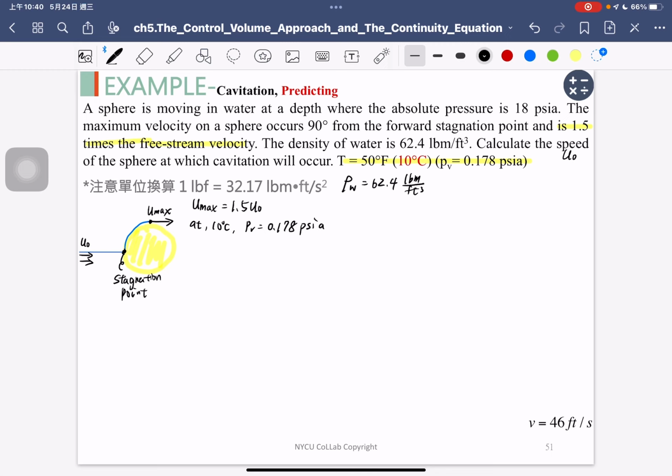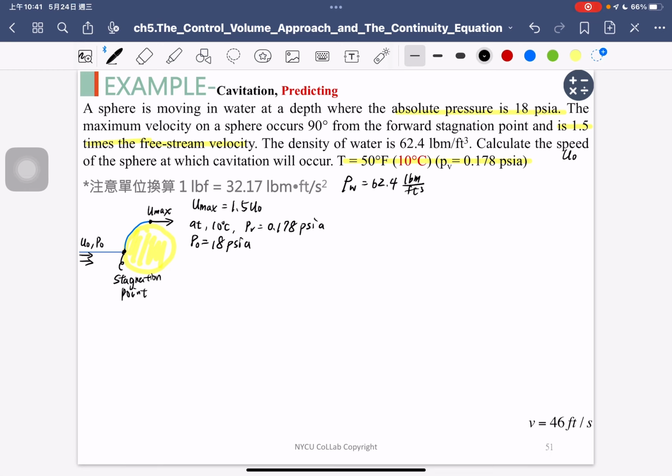And we also know that in the free stream environment, the pressure P0 is equal to 18 psi absolute.